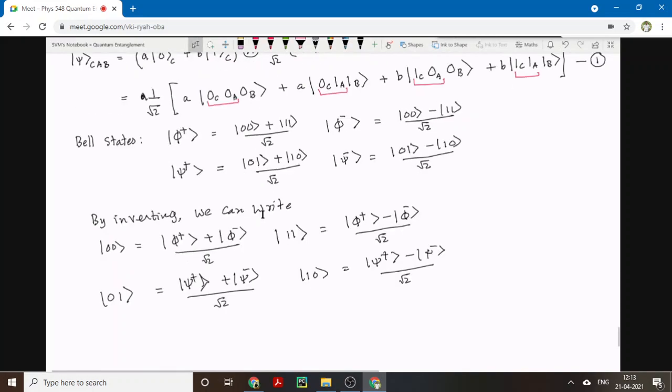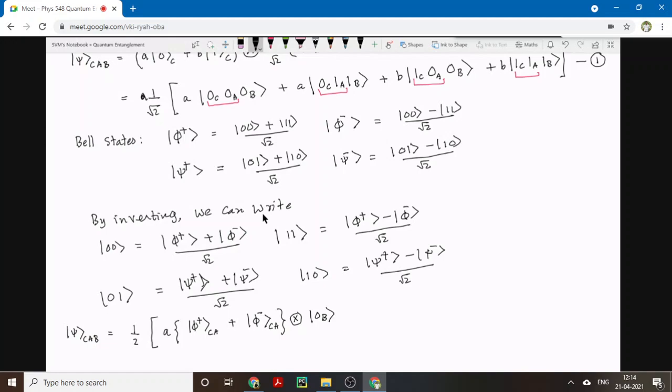So let me write it here. Psi CAB can be written as: I have 1 by root 2 coming from here, and 1 by root 2 is already there, so that will be 1 by 2 into, the first term is A, 00, which can be written as phi plus CA plus phi minus CA, product 0B.